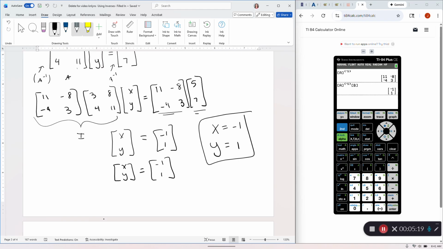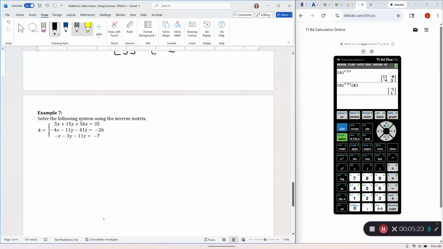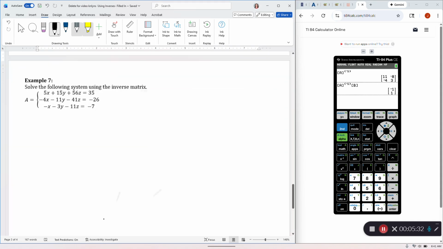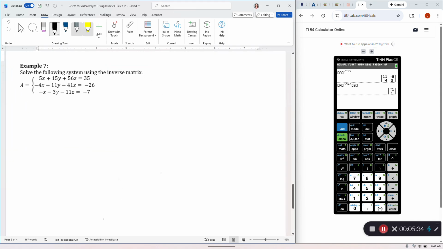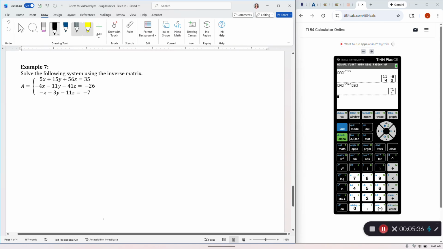Finding the inverse, matrix multiplication, we could have done that without a calculator. When they get bigger, it would probably show up on a calculator portion of a test. So regardless of who your instructor is, me or somebody else, that would be my train of thought, or their train of thought, hopefully.